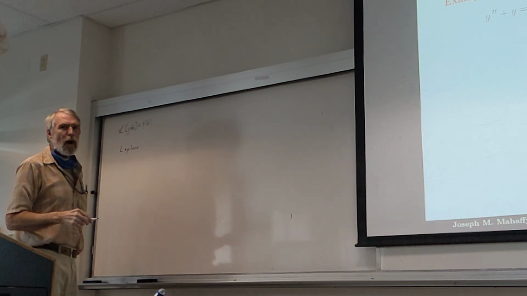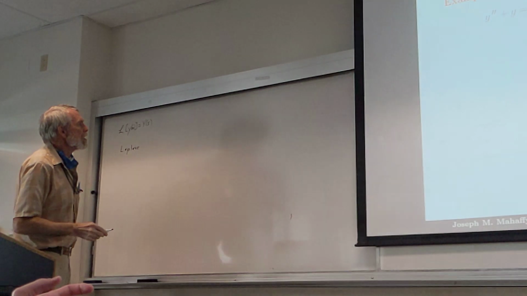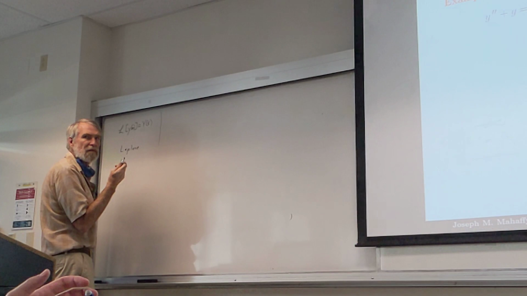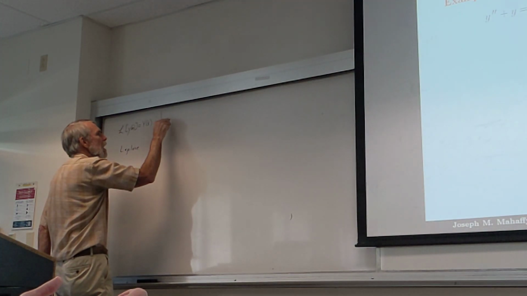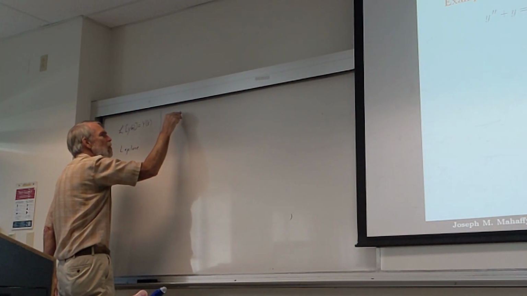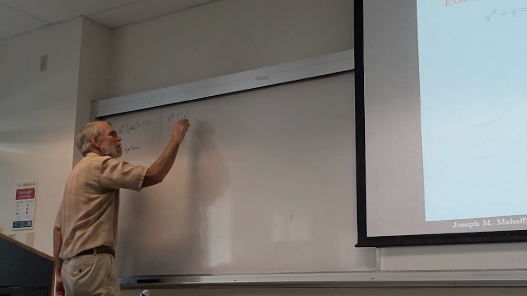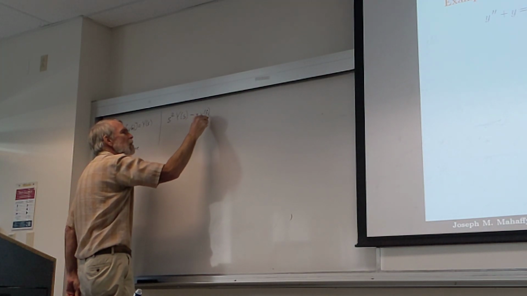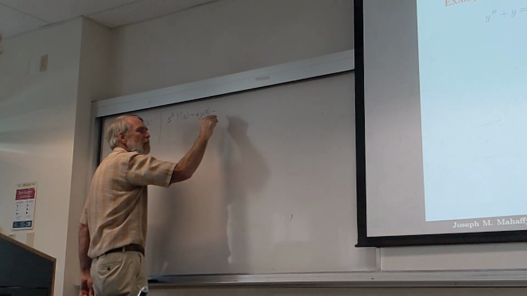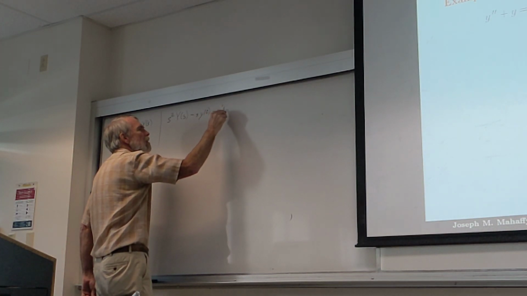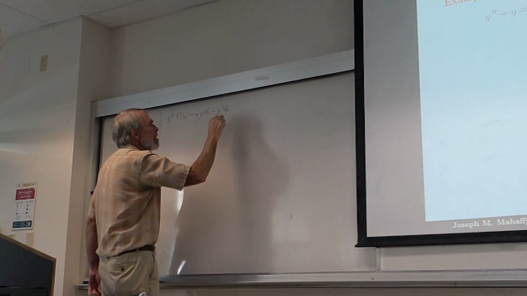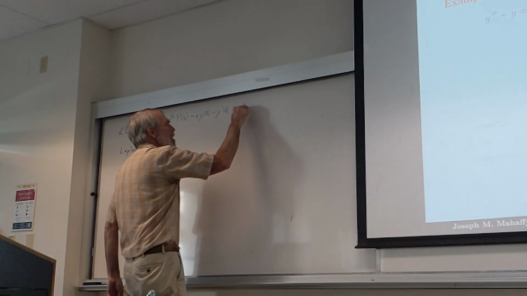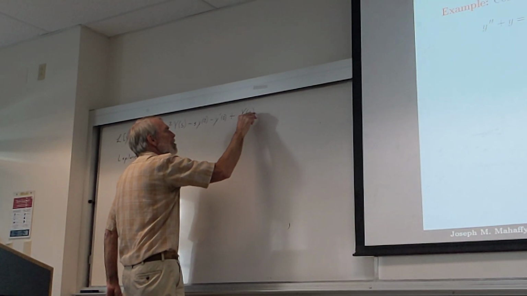By our derivative formula, what happens to that y double prime? It becomes s squared Y of s minus s y of 0 minus y prime of 0. Then we're going to get plus, notice we only have y, so when we Laplace transform it, it's going to give us a Y of s.